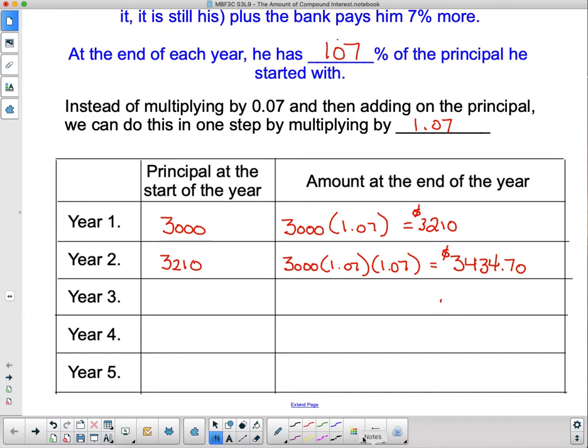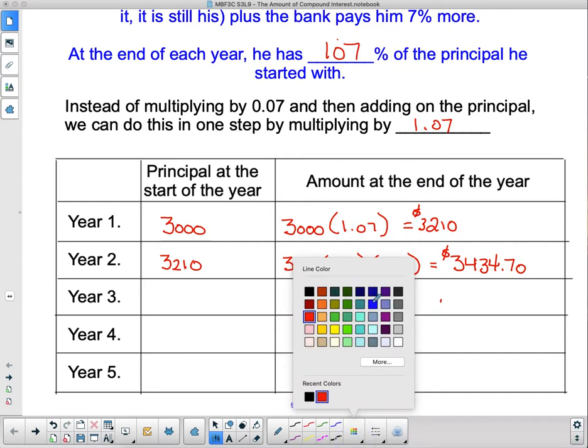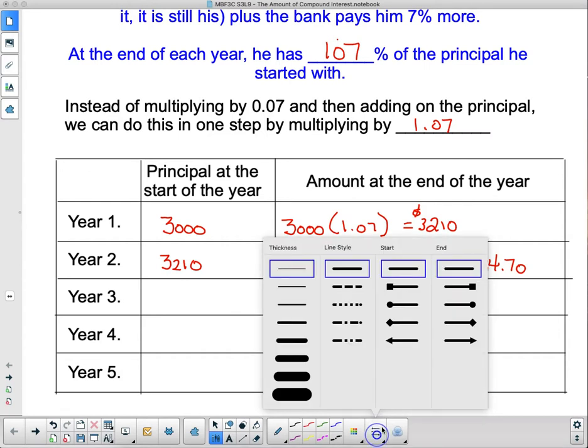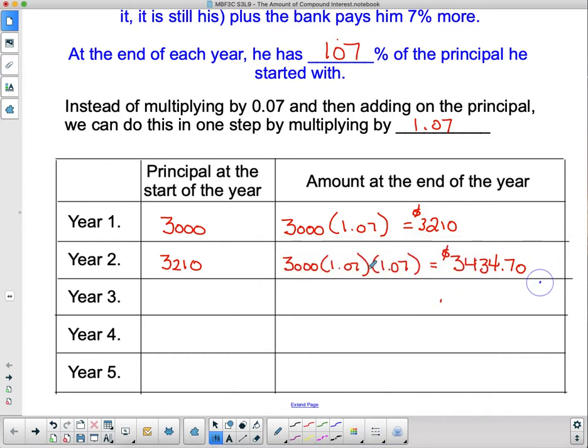What I want you to notice here is that we have two of these, so we could have used this as an exponent. So it's 3,000 times 1.07 squared is another way we could have gotten that. This is just the year, and this is the original amount.